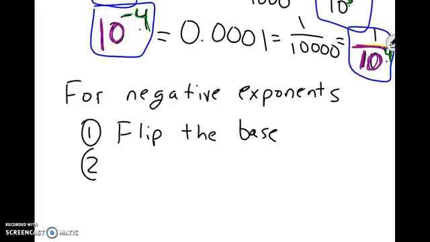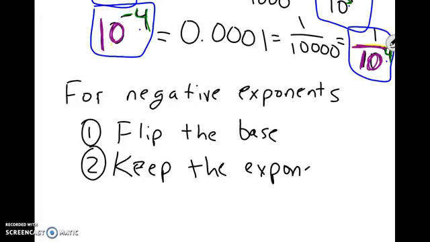The second rule is we're going to keep the exponent with the base. Here we have -4, and I know I'm drawing over the 4s a lot. Here we have +4. But we do something. So we're going to add the word but.